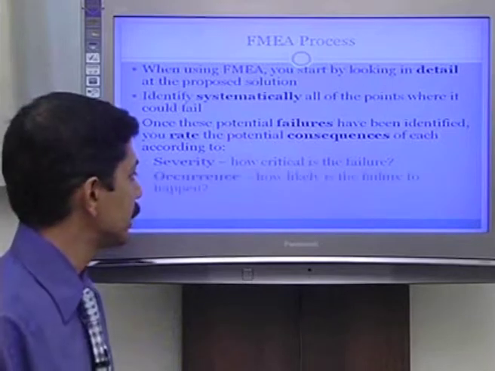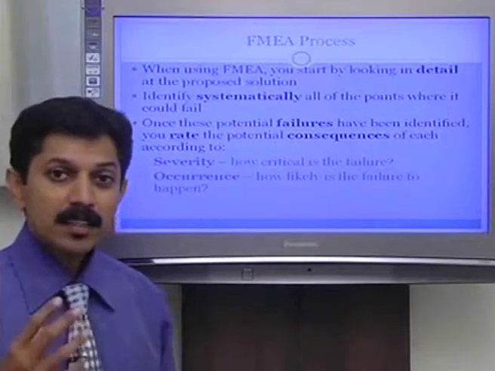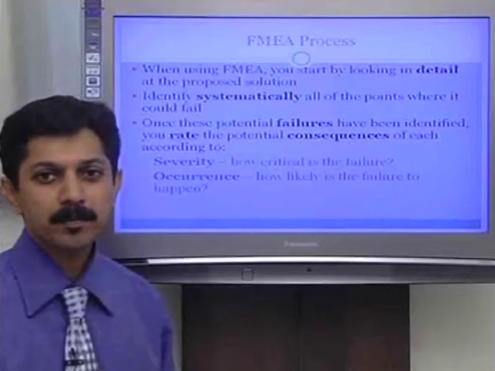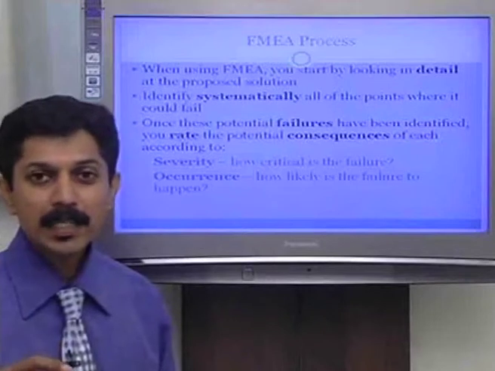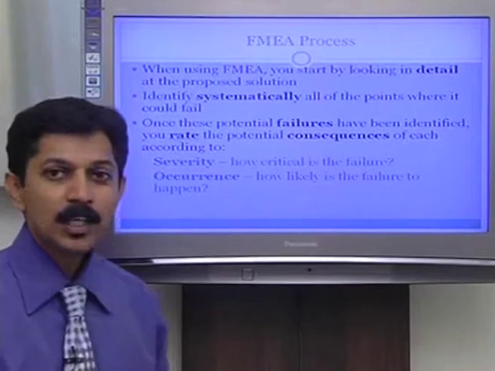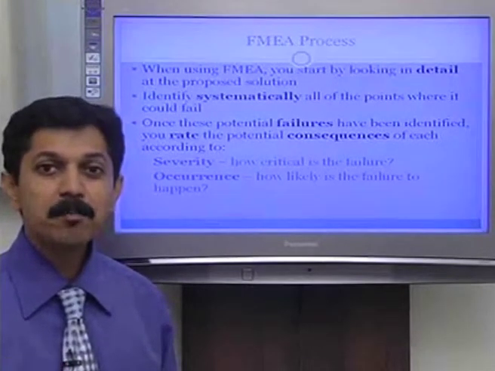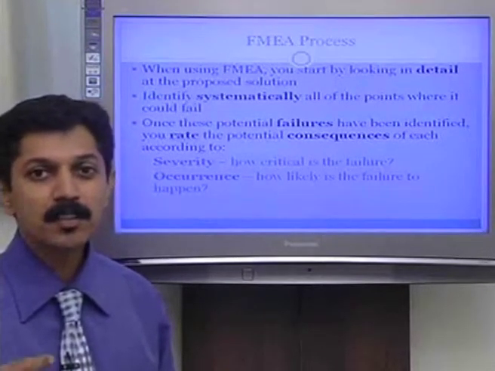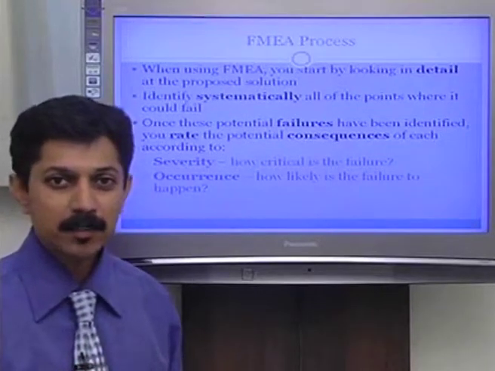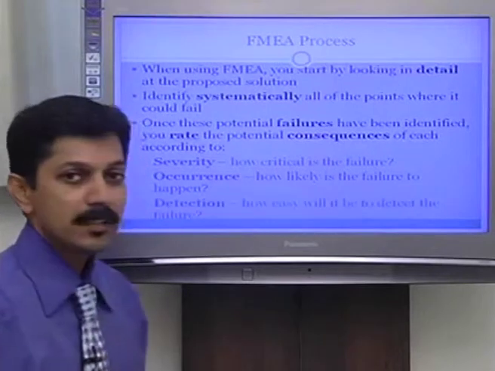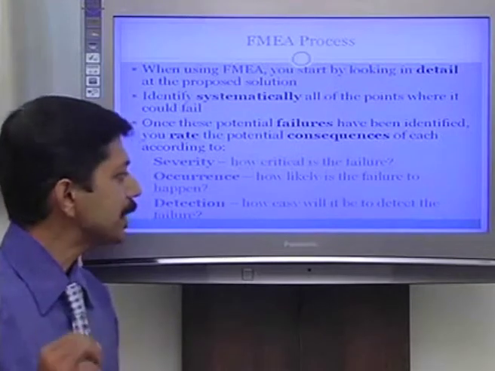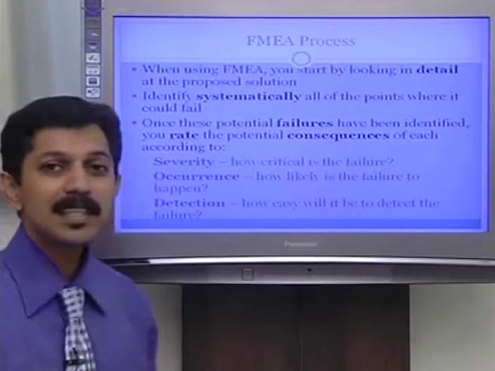Second being the occurrence: how likely is the failure to happen? How likely are the chances for the failure to happen? What are the chances of the number of times this particular occurrence can happen? That's the second factor. And the third factor is the detection. How easy will it be to detect the failure?